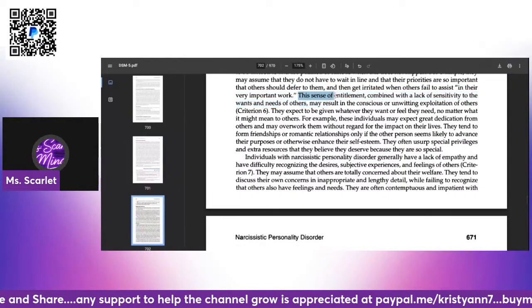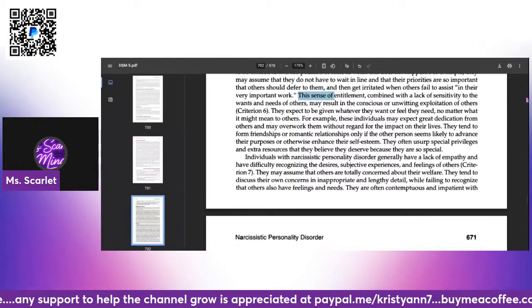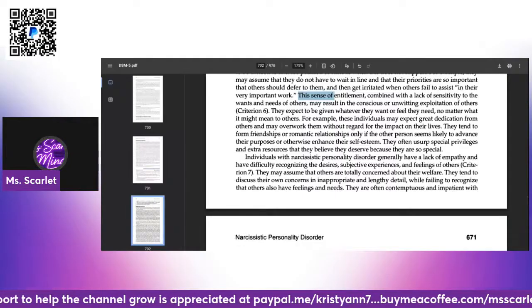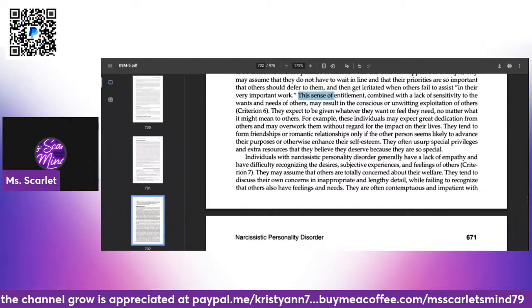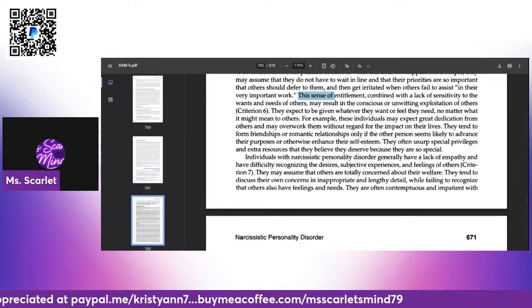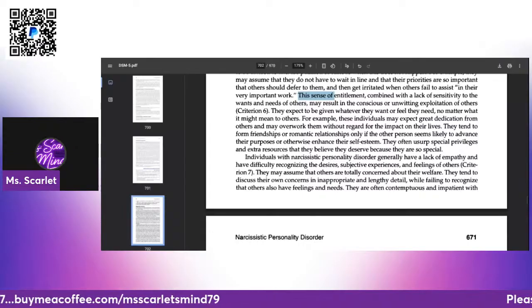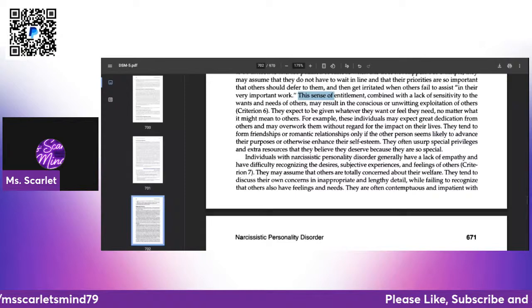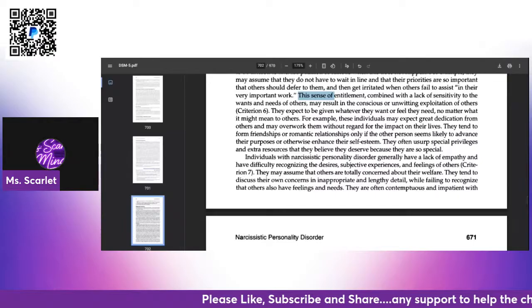This sense of entitlement, combined with a lack of sensitivity to the wants and needs of others, may result in the conscious or unwitting exploitation of others. They expect to be given whatever they want or feel they need, no matter what it might mean to others. For example, these individuals may expect great dedication from others and may overwork them without regard for the impact on their lives.